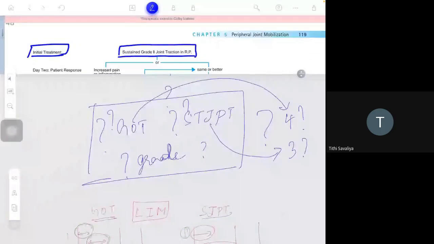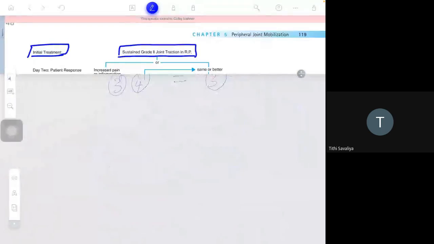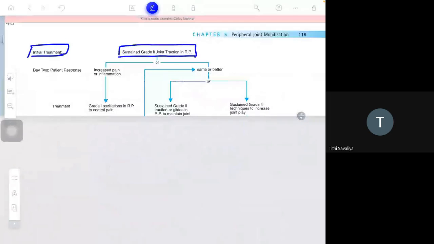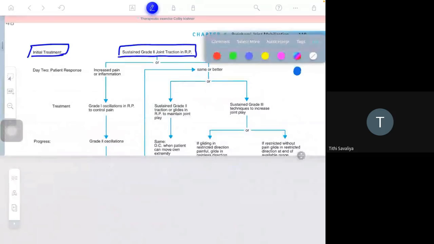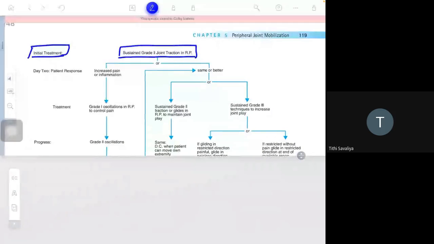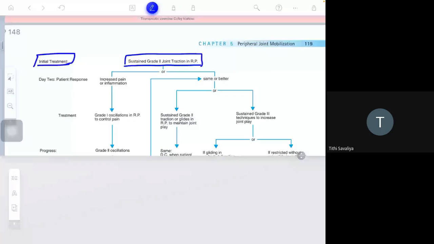How will you choose the grades or how will you start the treatment? First, the initial treatment is you have to give sustained grade 2 joint traction in resting position.